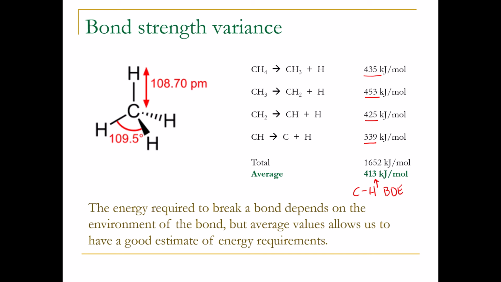So it is an average value, but it's a good approximation. So using bond energies to calculate delta H is really an estimate or an approximation and not going to be as accurate as doing experimental calorimetry tests or even using Hess's law or heats of formation. But it can be used to give a good estimate.